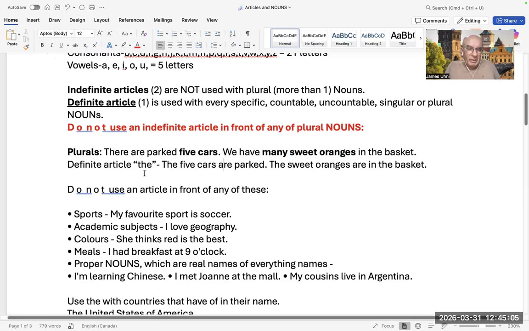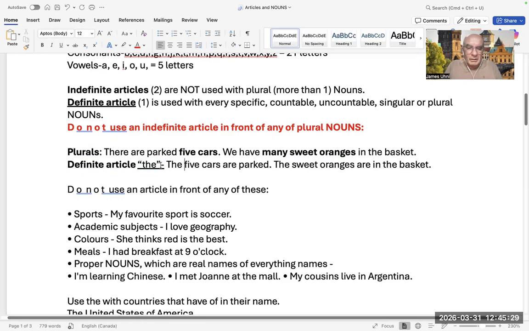Definite article, the 5 cars are parked. So, definite article, the. Let's underline it. And actually, I think I can underline everything.